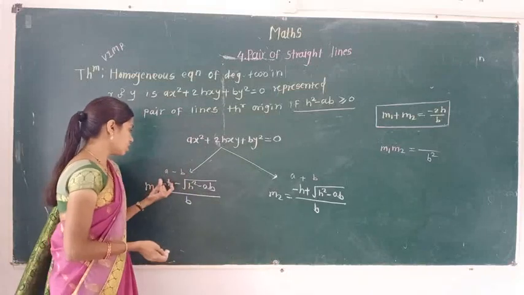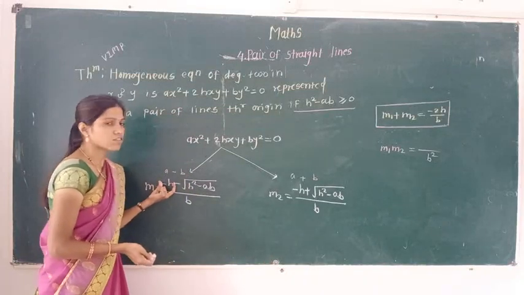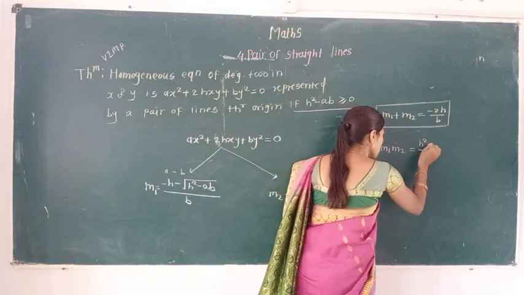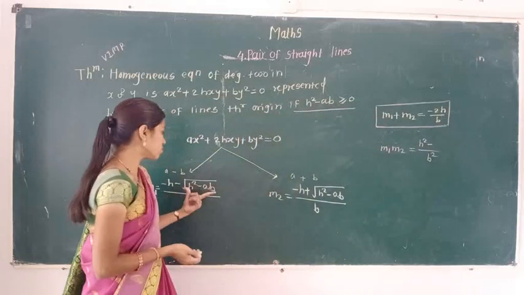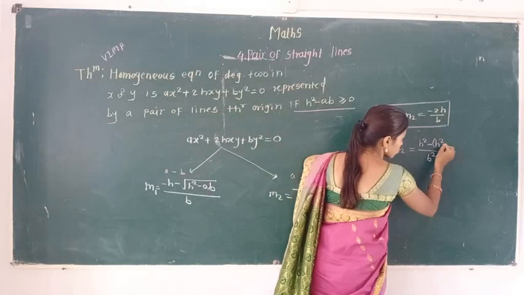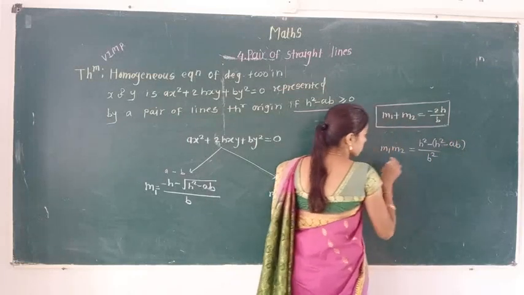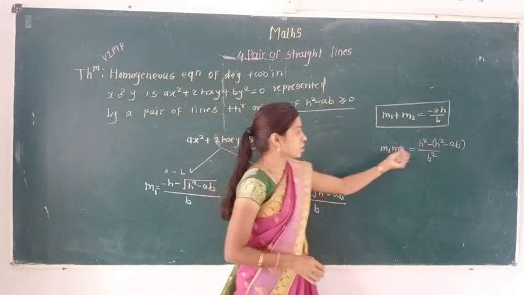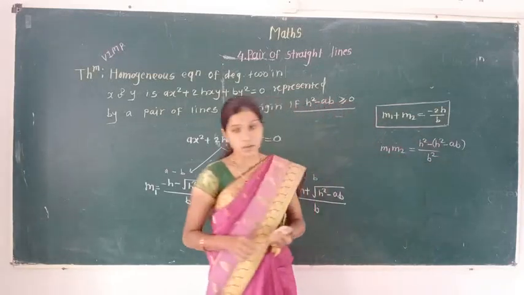Okay, see, here a square is minus h square, we get h square, and minus the square of this term, in bracket h square minus ab. These h square minus h square terms will get cancelled, minus minus we get plus ab.